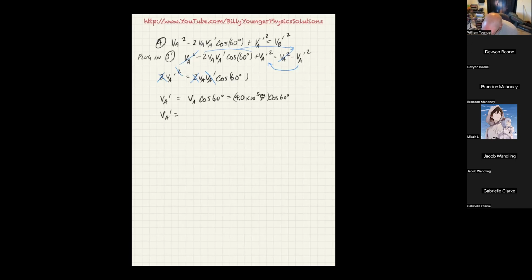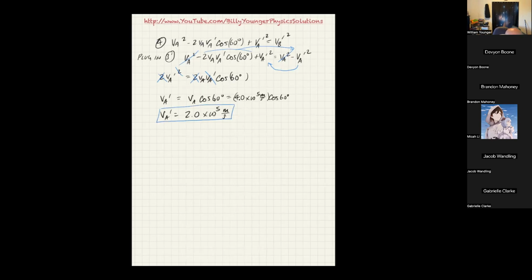And that gives me 2 times 10 to the 5th. So 2.0 times 10 to the 5th meters per second will be the velocity that the particle that took off at 60 degrees above the axis will have. So we've got that velocity.